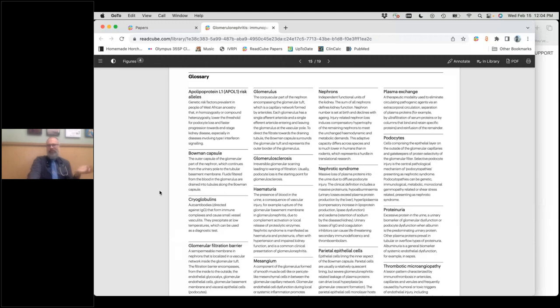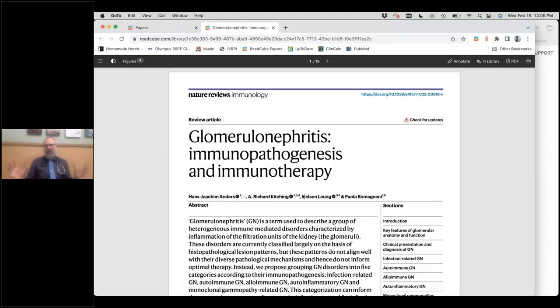So it was an interesting article because I think it presumed that you didn't know anything about GN, which is great, and then dives pretty deep into a categorization of the various pathologies and thinking about it more in terms of an etiologic framework.